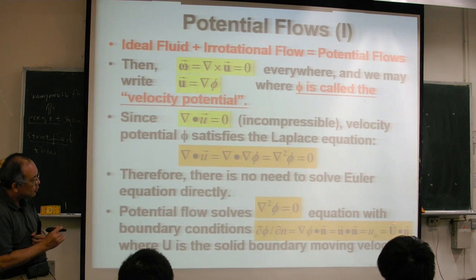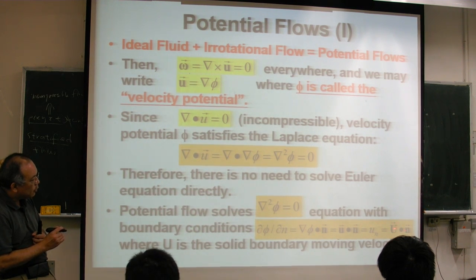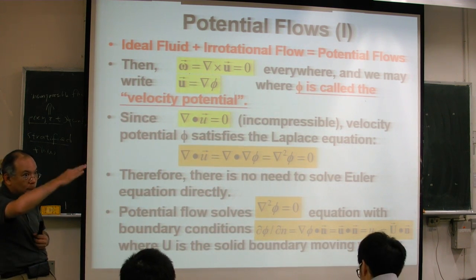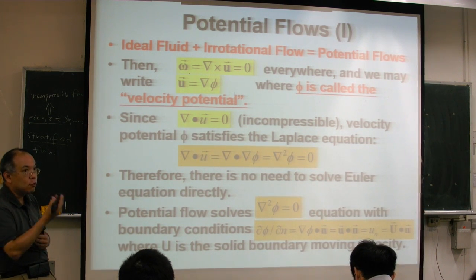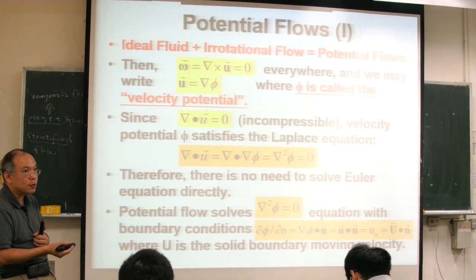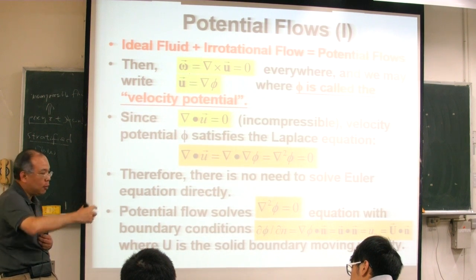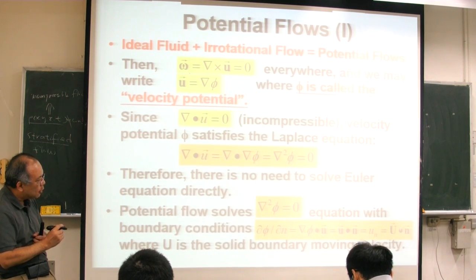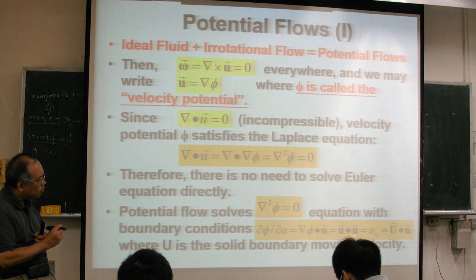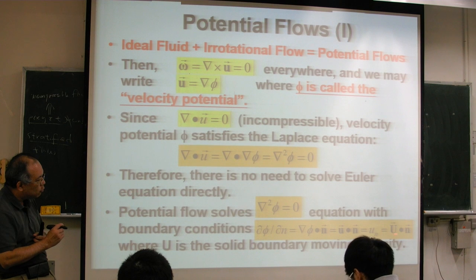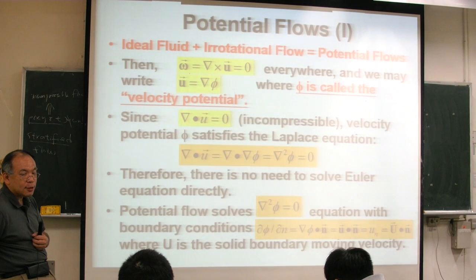This is our solid boundary moving with a velocity. If this velocity is equal to 0, that means our solid boundary didn't move, so our normal-to-surface velocity is equal to 0. That's one special case. However, sometimes our boundary may move. When the boundary is moving with a velocity, we have to satisfy that on the boundary, the normal component of the flow velocity will be equal to the normal component of our boundary surface velocity.